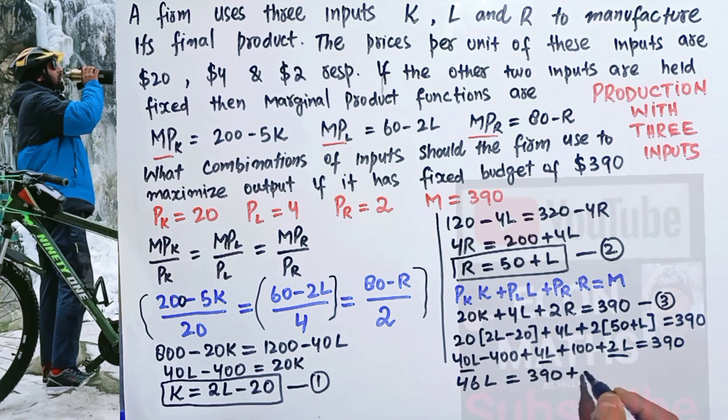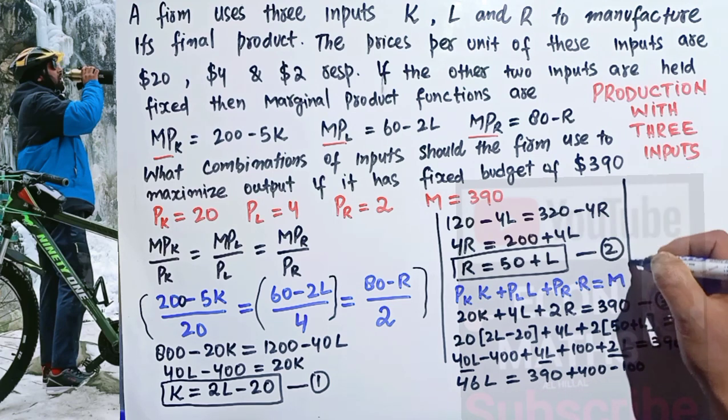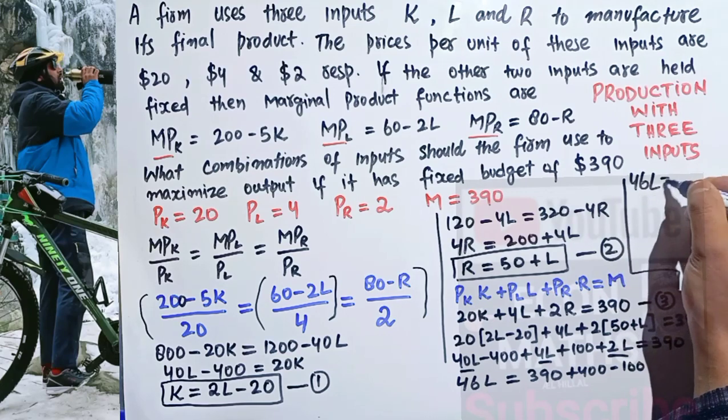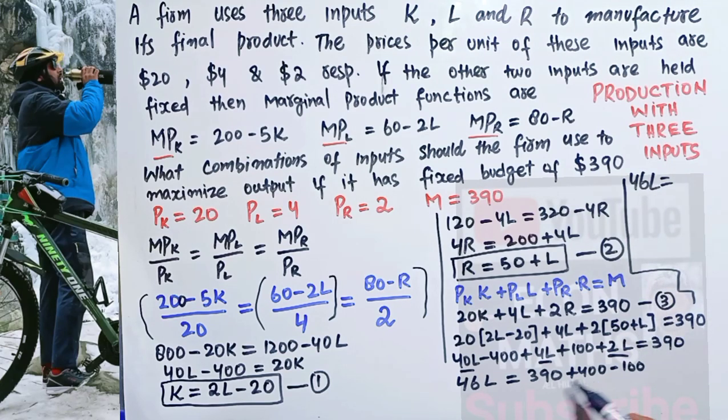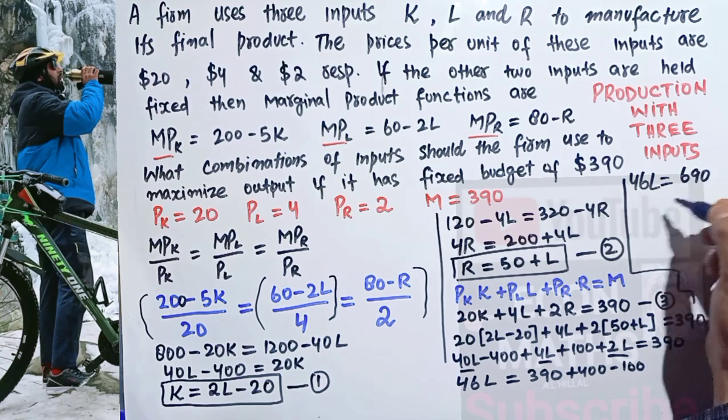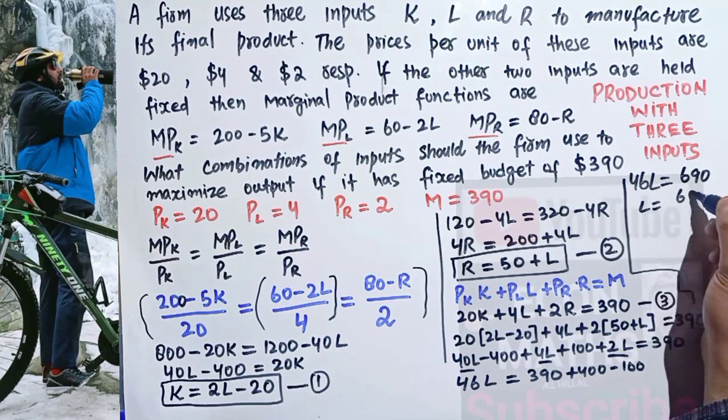Transposing this, it will become plus 400 and 100 will be subtracted, so 46L comes out to be 690, or L is equal to 690 upon 46.